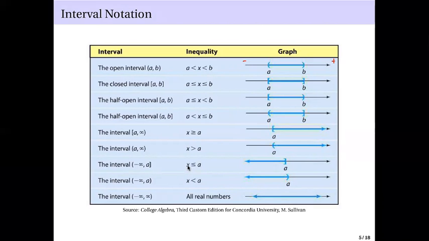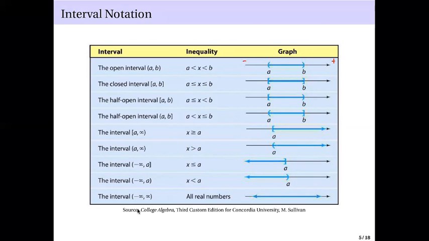For the interval negative infinity to A, including A, it means x less than or equal to A. Graphically, we have the square bracket at A, and then the blue ray pointing towards the left, the negative direction.